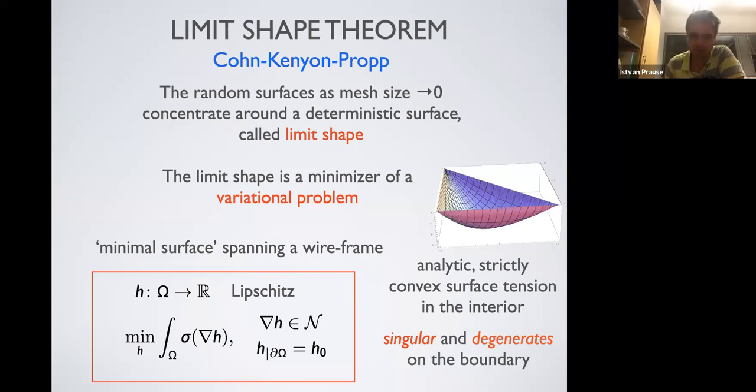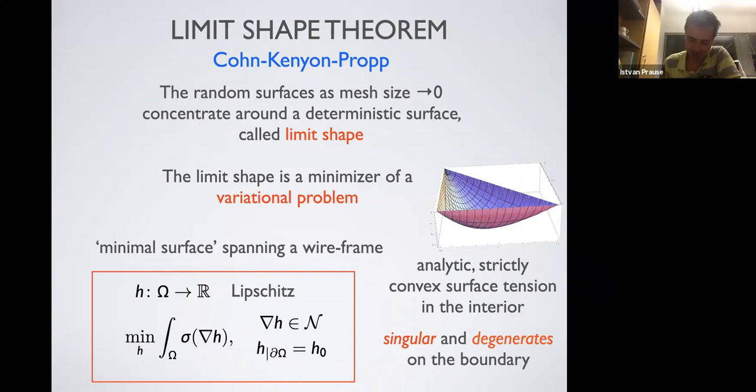The discrete gradients were taking values in three corners of a certain triangle, so in the limit, the gradient will lie in a convex combination of this triangle, denoted here by N. We also have some Dirichlet boundary conditions, so we want to span a given non-flat boundary condition. And what we want to minimize is a certain surface tension integral, sigma of gradient h above this region, among such functions. Now, the surface tension only depends on the gradient, so it's a kind of gradient variational problem.